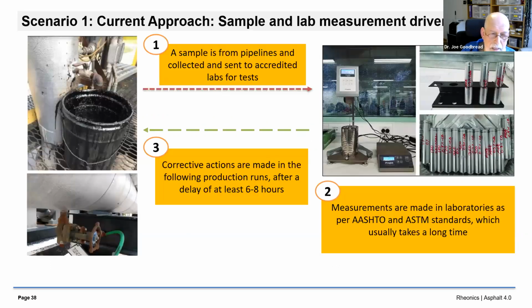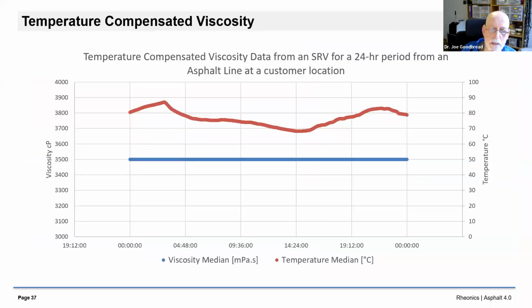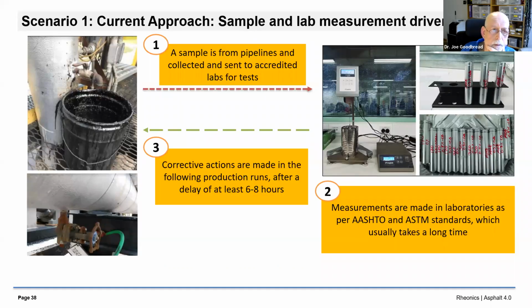So ideally, if we know what the temperature compensation formula is, when the material is being pumped from a tank, we can already predict what the viscosity is going to be at application temperature. So the current approach is sampling and lab measurement driven.